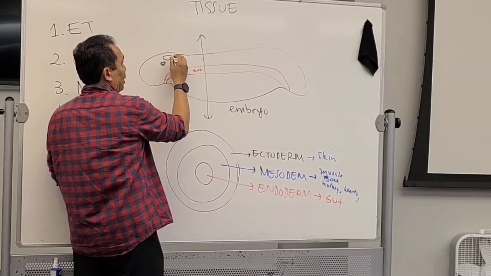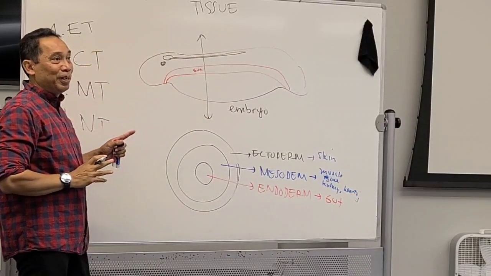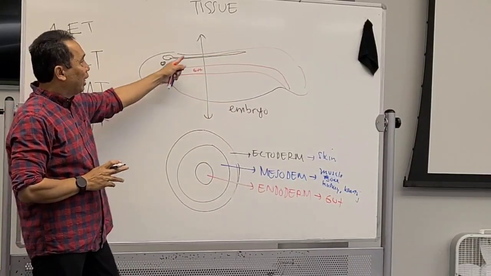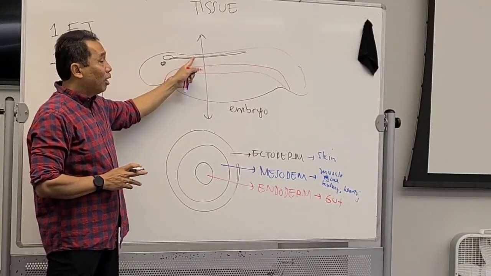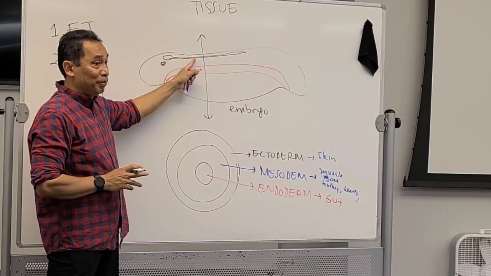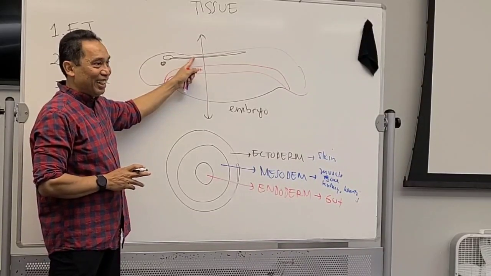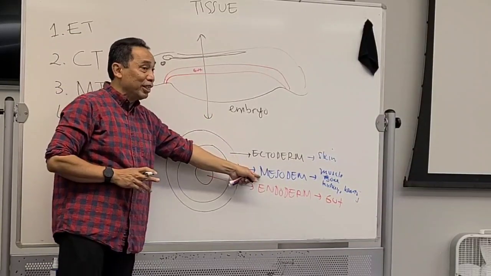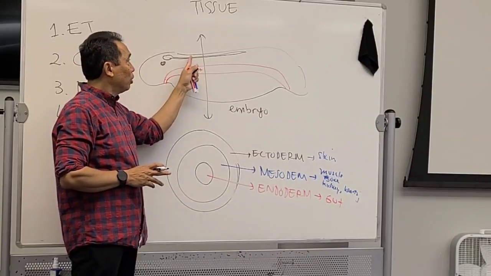Okay, this is the brain and this is the spinal cord, like that. It is located between the skin and the gut also, right? So it is made of, what is your guess? It looks like it's made of mesoderm because it's between the skin and the gut, because you also have muscle.